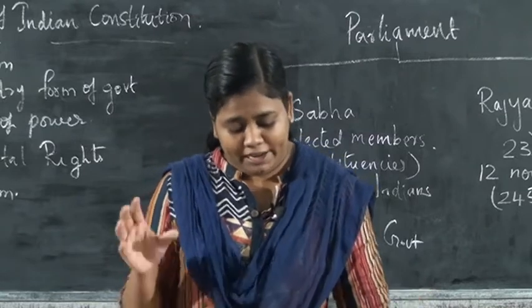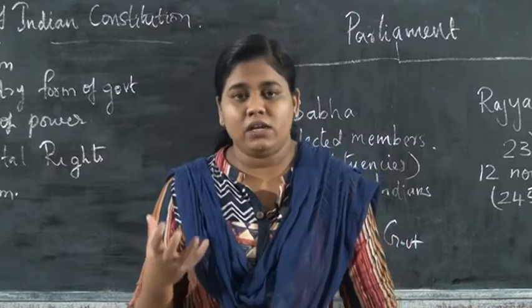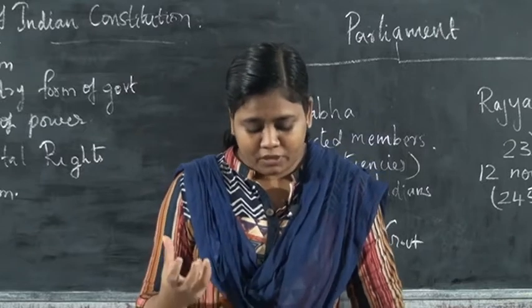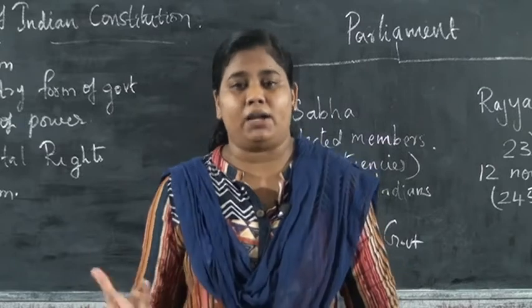So in 1885 the Indian National Congress demanded some elected representatives in the parliament, to take decisions and make laws about India.